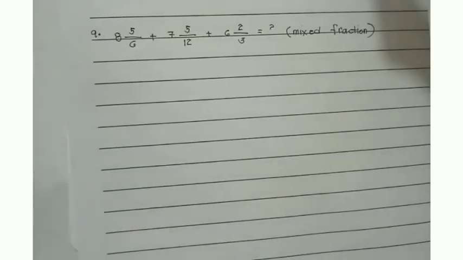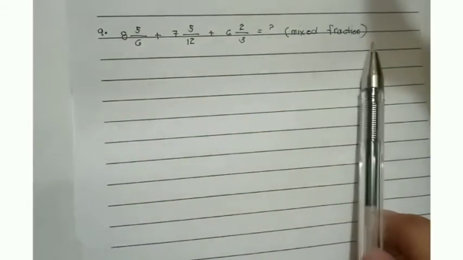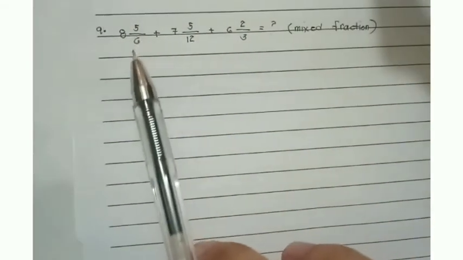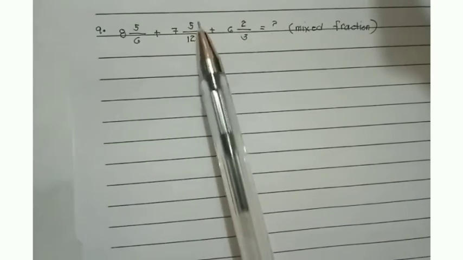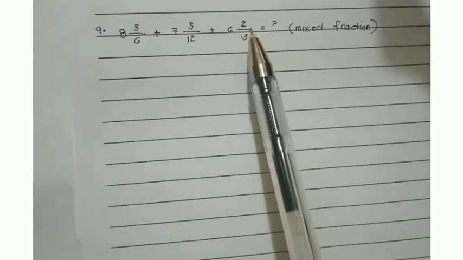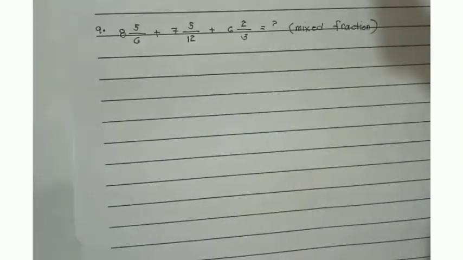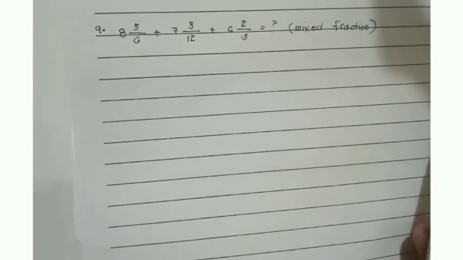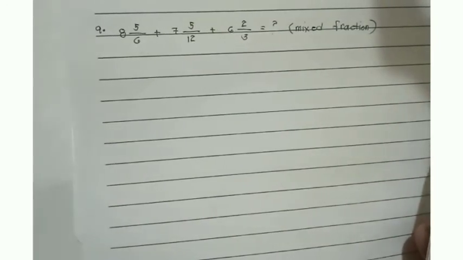Number 9 problem is addition of mixed fractions. We have 8 and 5/6 plus 7 and 5/12 plus 6 and 2/3. So, in order to solve this, kailangan muna natin siyang i-convert into improper fraction. So, 6 times 8 is equal to 48 plus 5 is equal to 53.